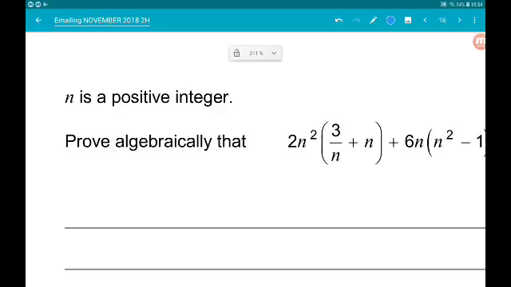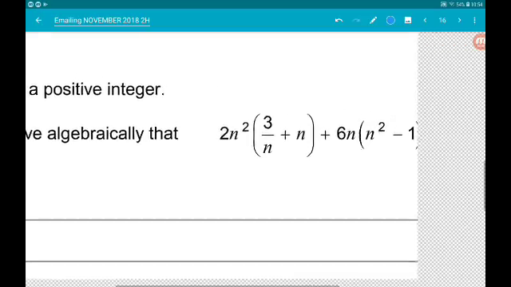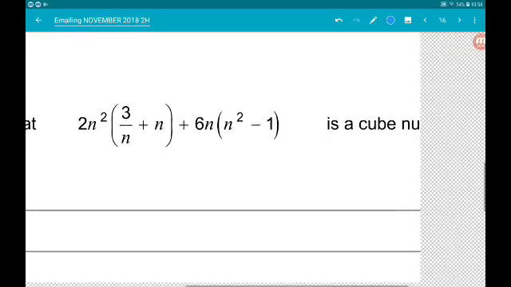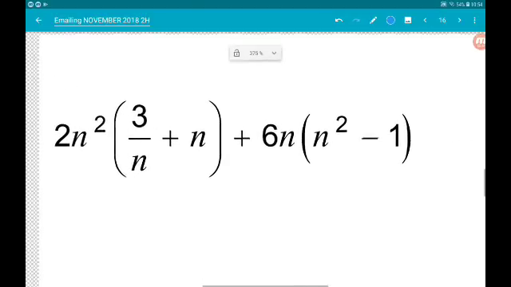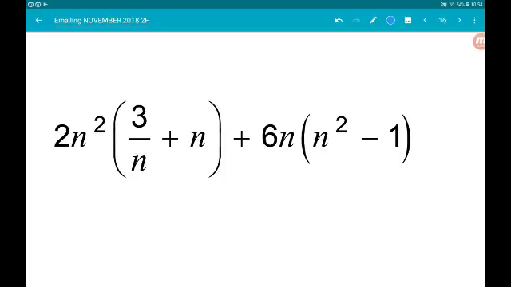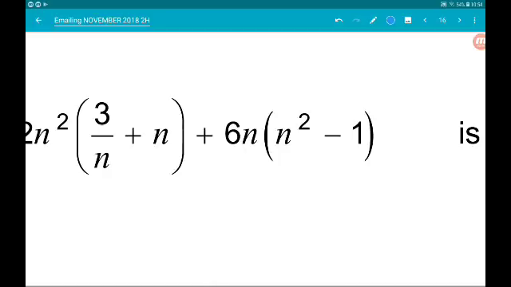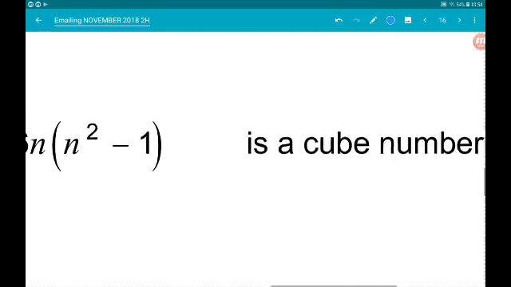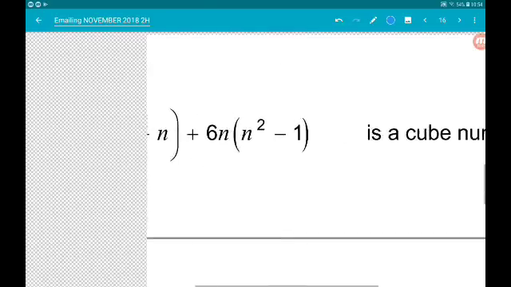Okay, 20, some nice algebraic proof, so I'll put my playlist on this down below. N is a positive integer, so a positive whole number. Prove algebraically that 2n squared, lots of 3 over n, add 6n times n squared minus 1 is a cube number. 3 marks.